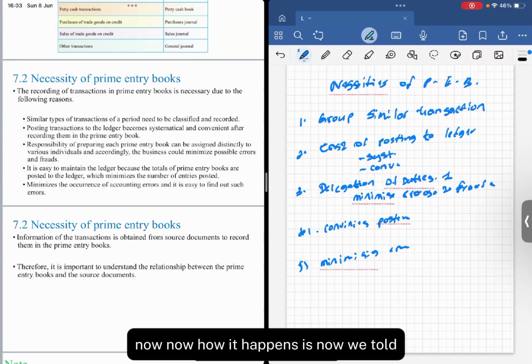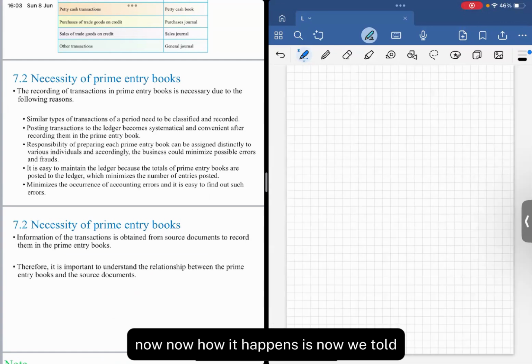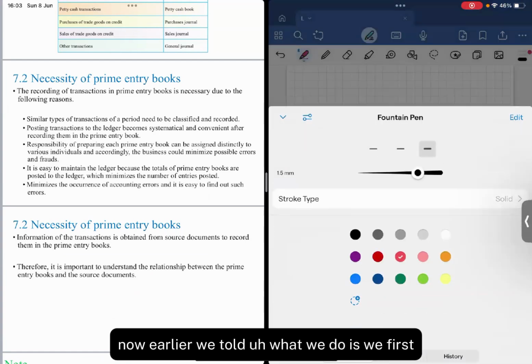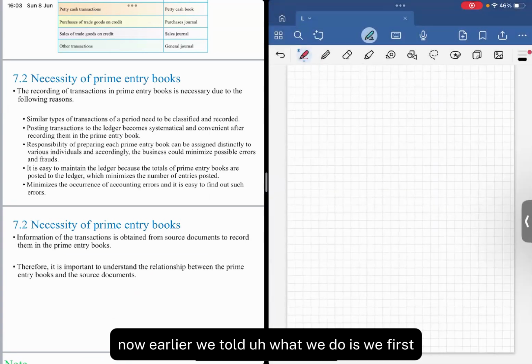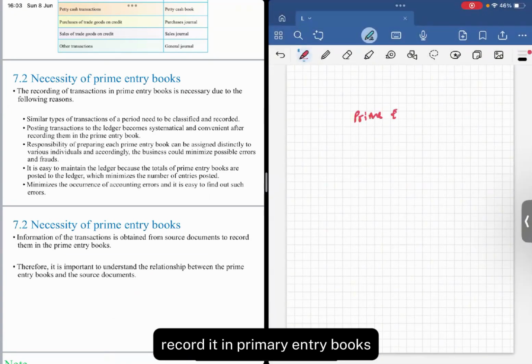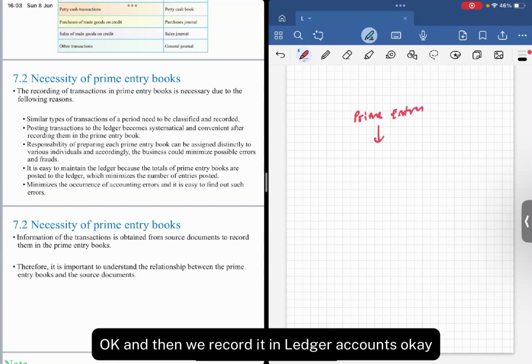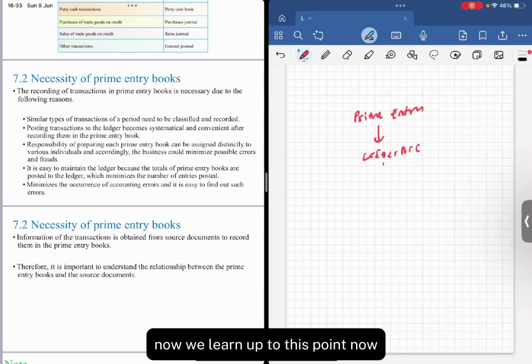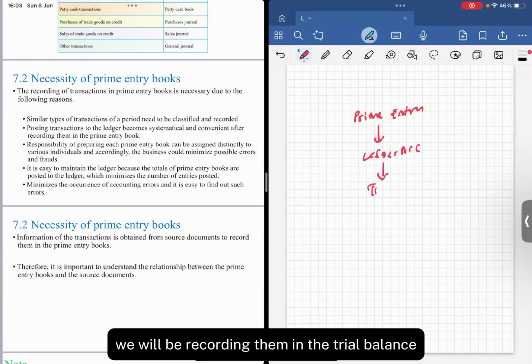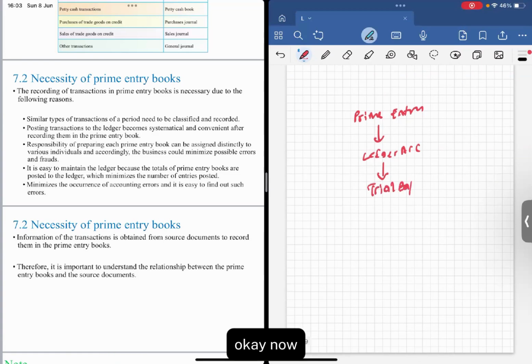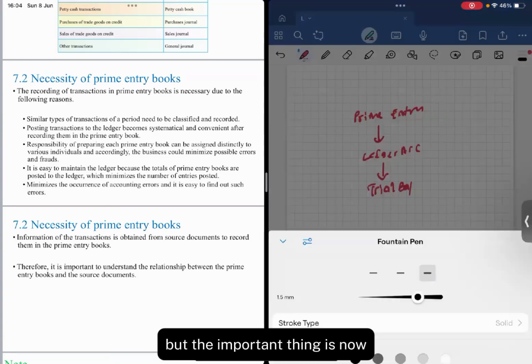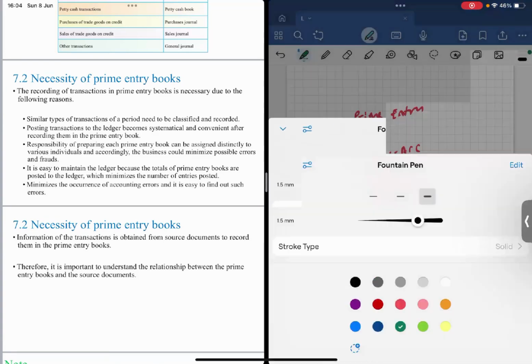Now how it happens is, earlier we said that we first record in prime entry books, and then we record it in ledger accounts. Now we have learned up to this point. In future we will be recording them in the trial balance.